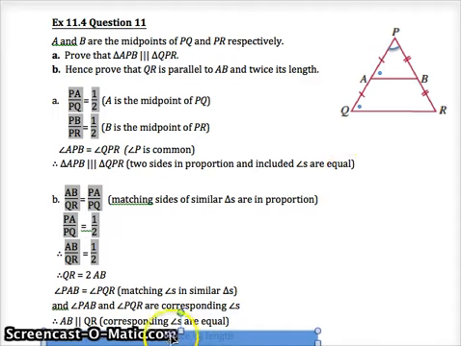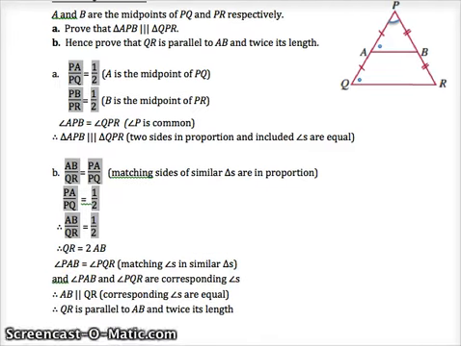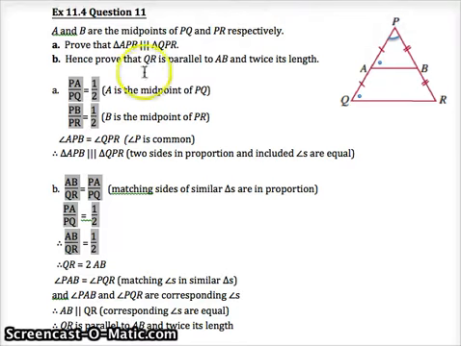So because corresponding angles are equal, AB is parallel to QR. And hence we've proven what we set out to prove in part B, that QR is parallel to AB, and that it's also twice its length. And that's the end of question 11.